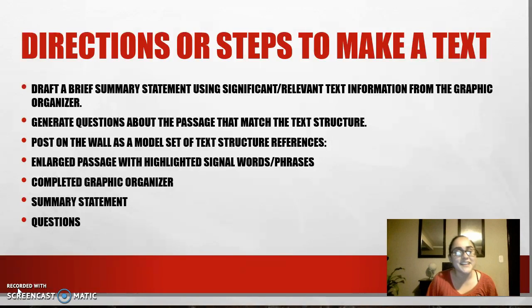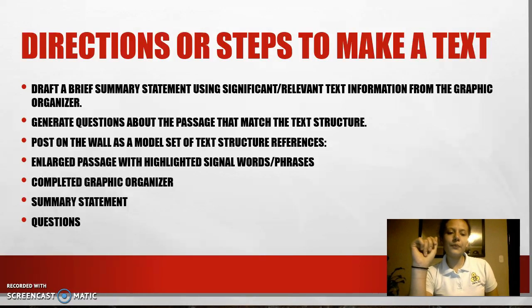Next, generate questions about the passage that match the text structure. Post on the wall as a model for text structure preference. The next points are: enlarged passage with highlighted signal words and phrases, completed graphic organizer, summary statement and questions.